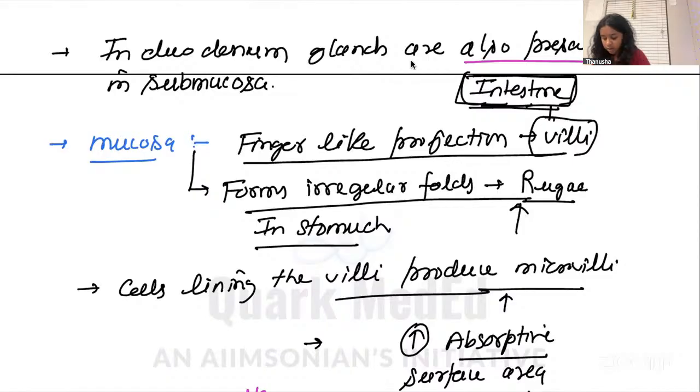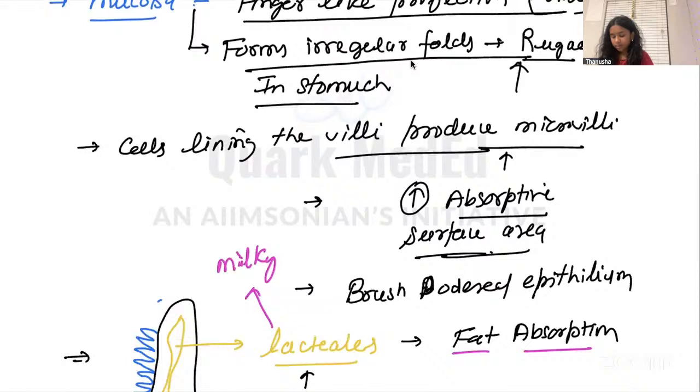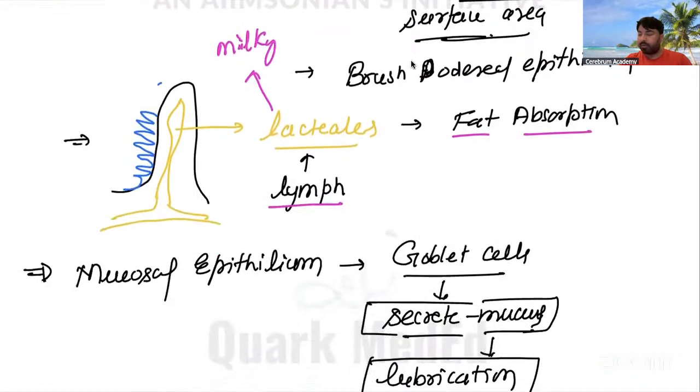In the stomach, it forms irregular folds called rugae. The cells lining the villi have microvilli, which are absorptive, and the surface area increases. It increases the area of absorption.